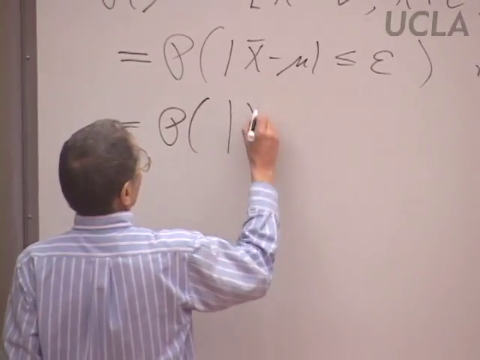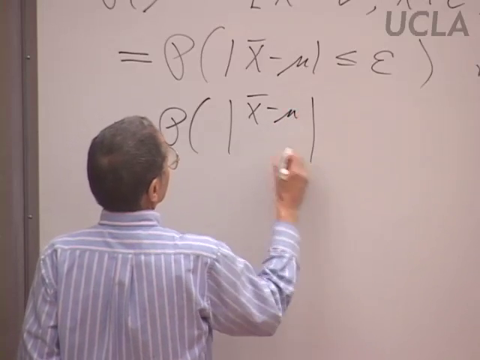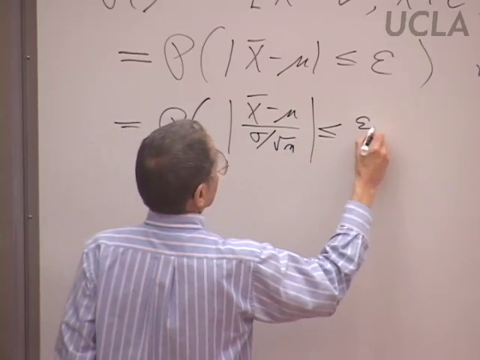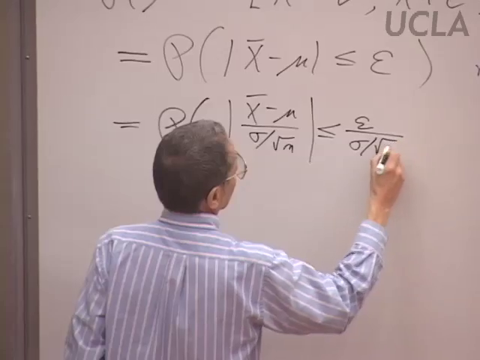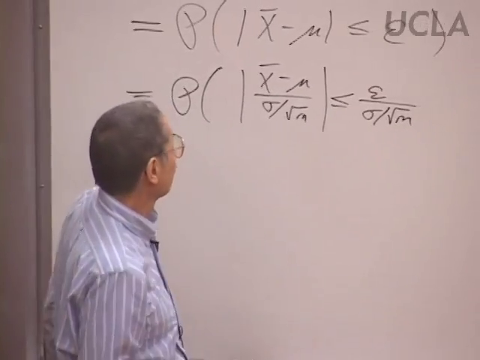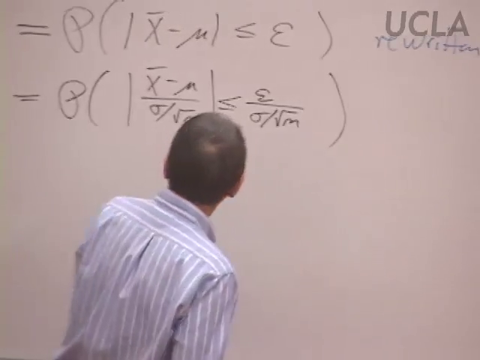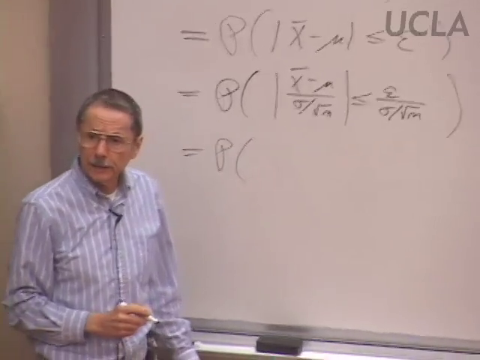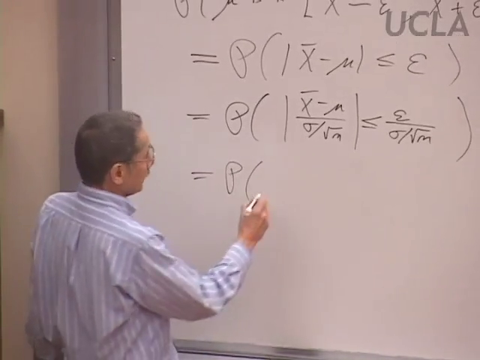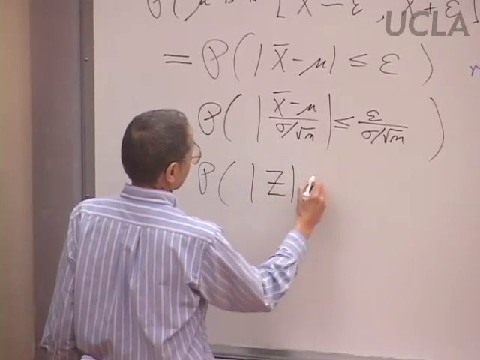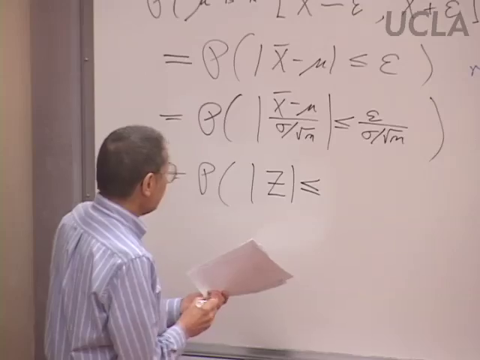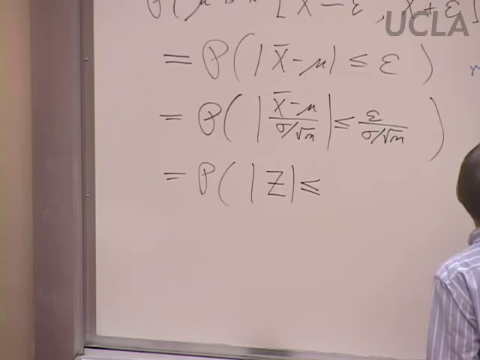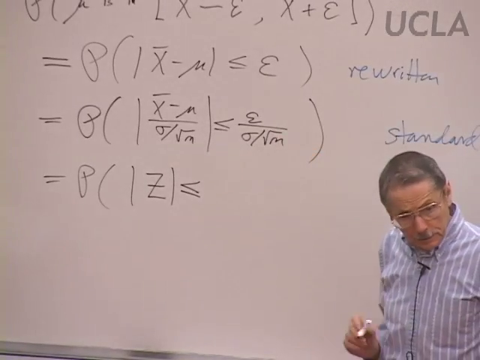Okay, so on both sides of this inequality, we divide by sigma over the square root of n. Well, it's a compound fraction. It could be written better. Because now we have a random variable with a standard normal distribution. Let's call it z. Okay, so here we standardized by dividing by the x bar's standard deviation.